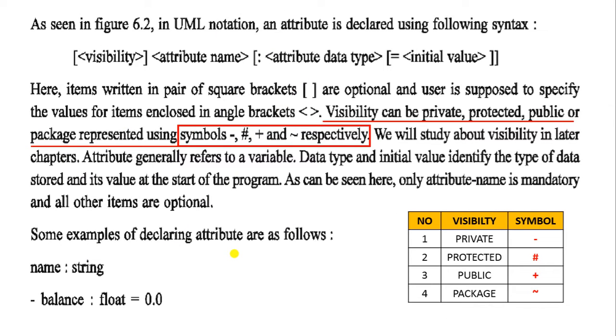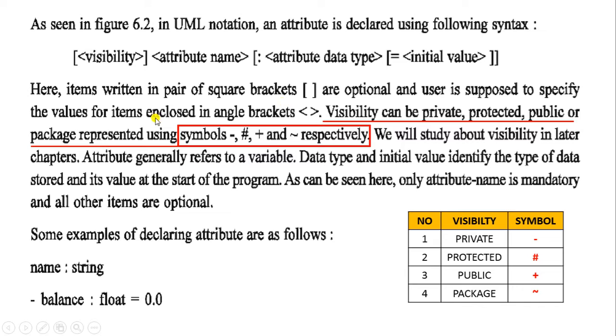Another point is the syntax and visibility of the class. That is very important in the exams. First we discuss the syntax. The syntax is: visibility, attribute name, attribute data type, and initial value.